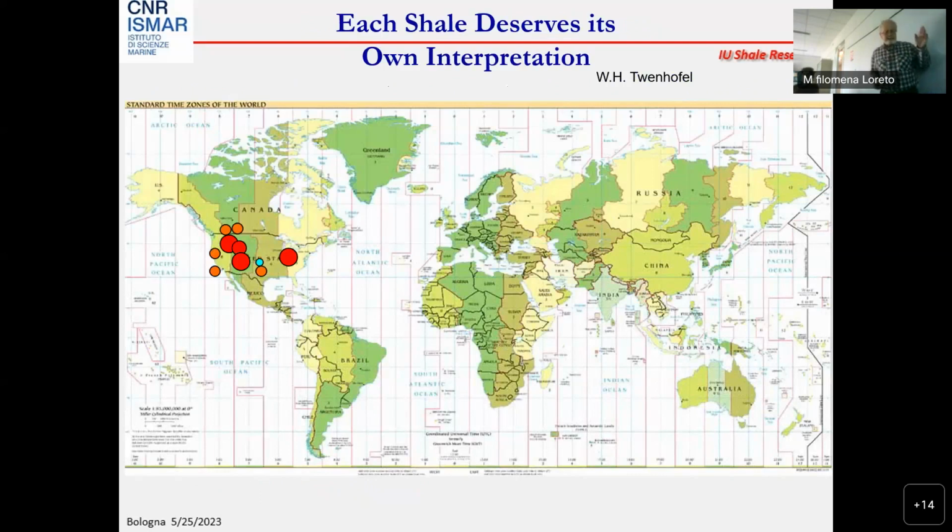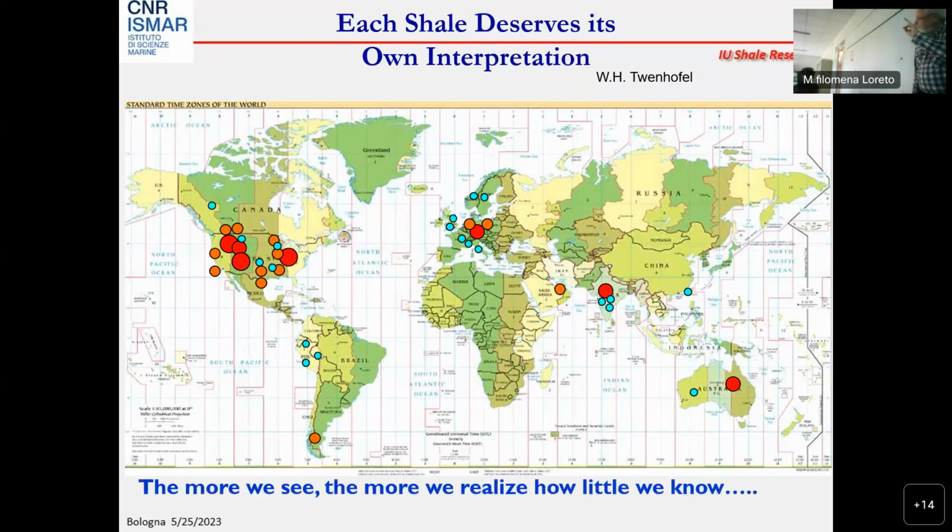So I have studied a few mudstones, and sometimes I meet people that have studied 2 or 3 mudstones and they think they know everything. In reality, they have been spared lots of disappointment, because the one thing I learned in 40 years is that each mudstone unit is different.